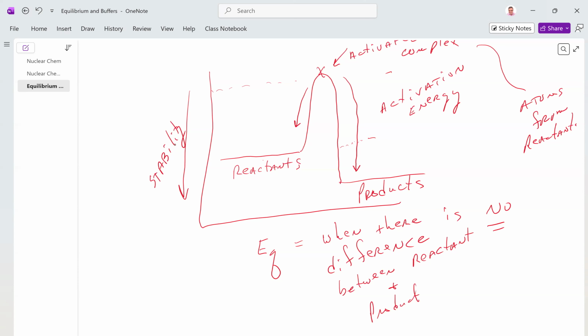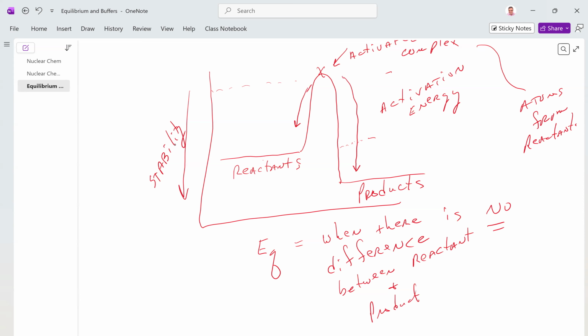Okay, the activated complex up here will start forming reactants because it's more stable than the activated complex, and then it'll be forming products. Both of them more stable than the activated complex.